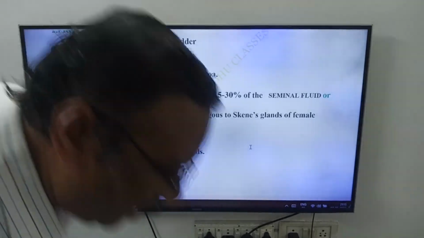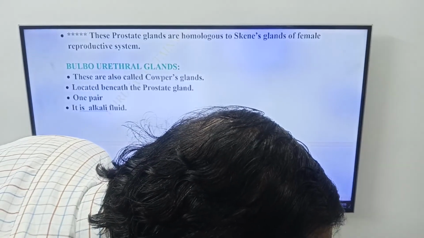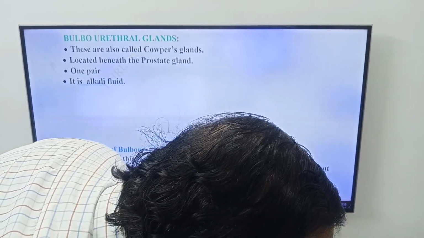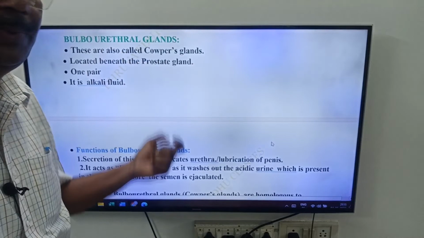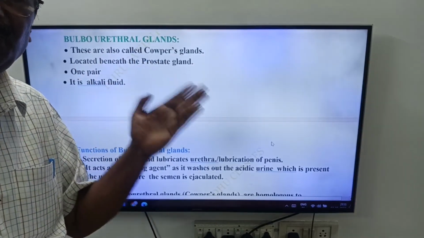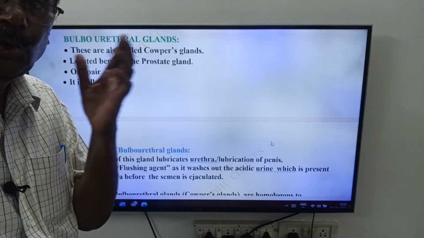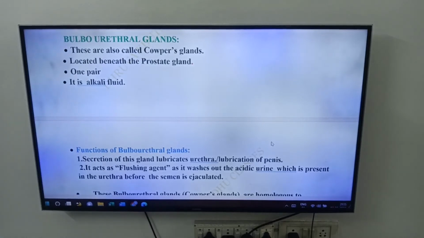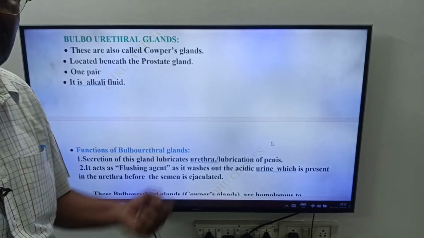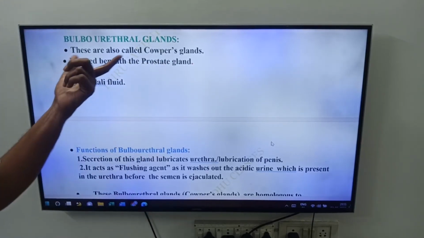Okay friends, last one, friends, bulbourethral glands. They are also called Cowper's glands. What is another name of the bulbourethral glands? Cowper's glands, friends. They are located beneath the prostate gland. They are one pair.